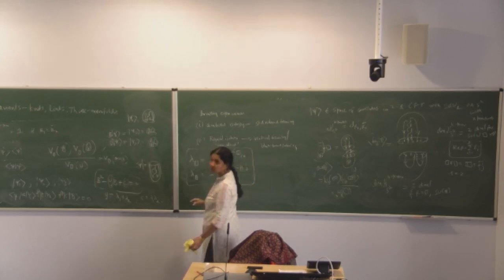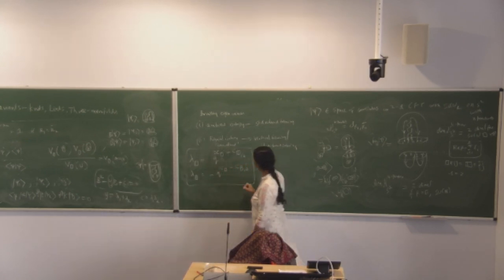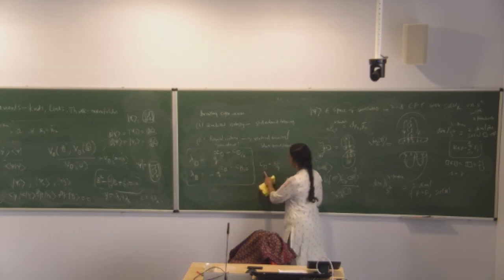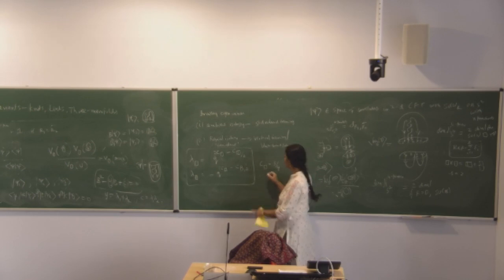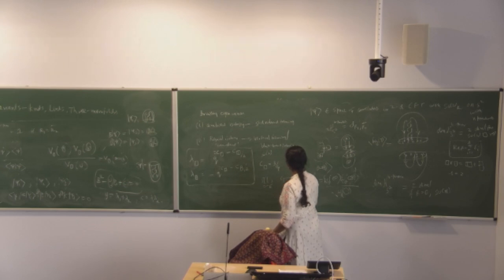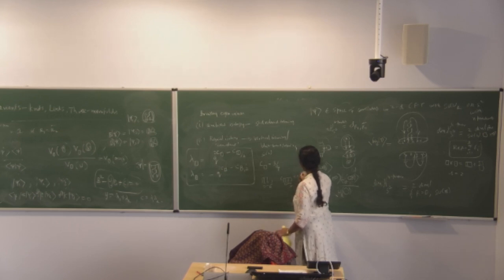I'll leave it to you to put these numbers, where C of a single box is 3 by 4. Technically, when you have n boxes for SU2, you can write C of n boxes is n by 2 into n by 2 plus 1.